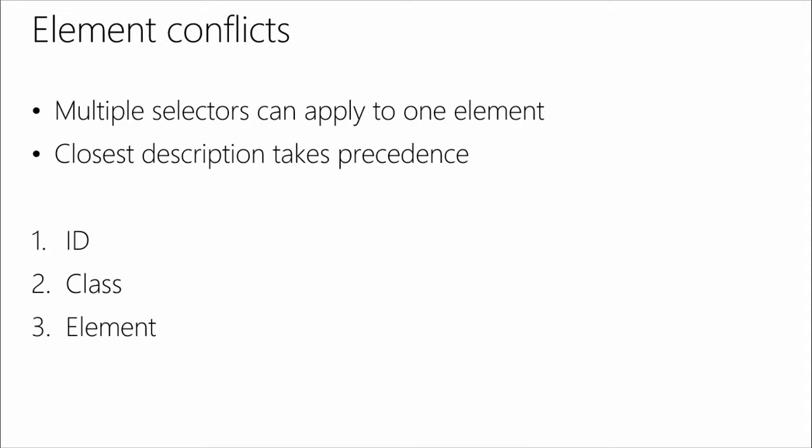So if I just say globally, I want all div tags to be something, that's going to apply first. And then if I say I want a particular class to be something, that's going to apply second. And then the ID is going to apply third. Again, last write wins. Or if we want to be the more positive way, what's going to be more important? ID is more important, and then class, and then element.